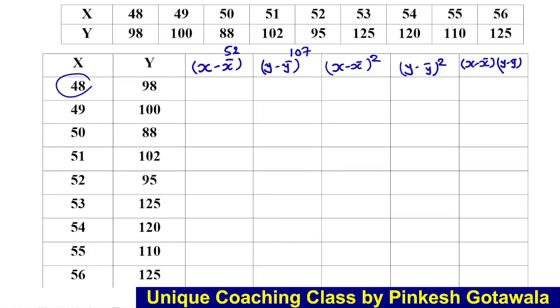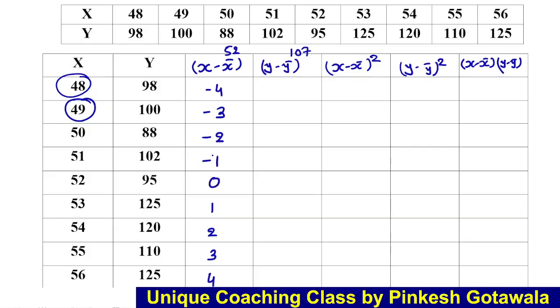So let's start. 48 minus 52 is minus 4, 49 minus 52 is minus 3, 50 minus 52 is minus 2, then minus 1, 0, 53 minus 52 is 1, 2, 3, and 4.